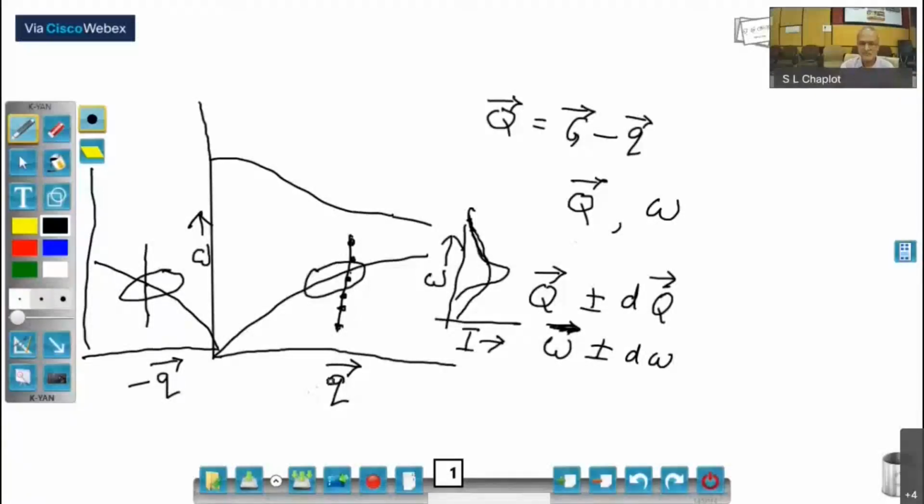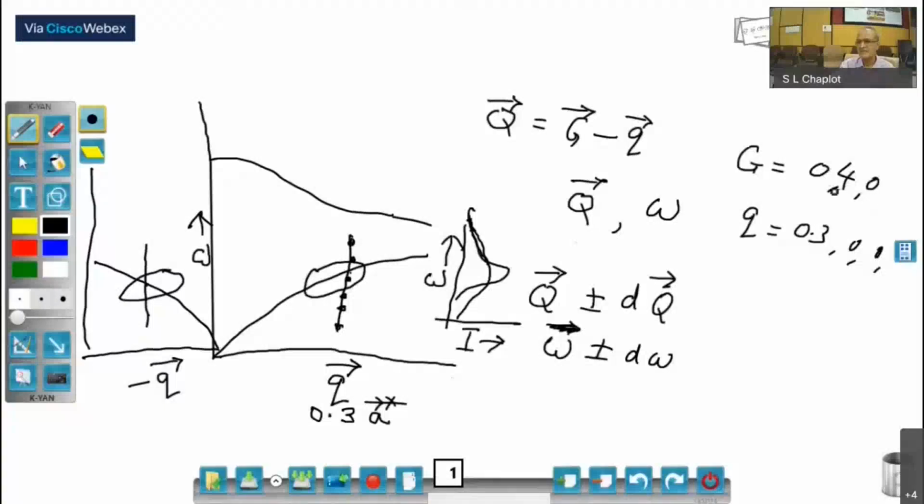To give you an example, suppose q is equal to 0.3 along the a-star direction. As we said the other day, it is possible that I choose a G which is, say, 0 4 0, and small q is 0.3 0 0.